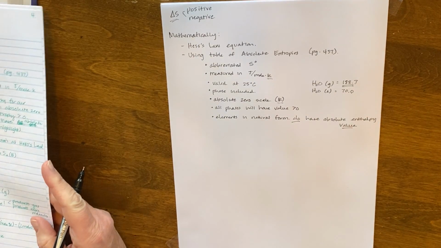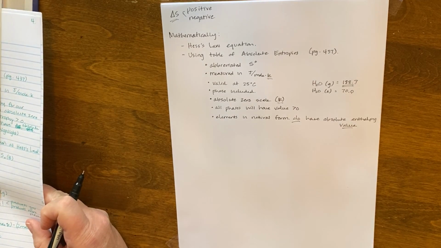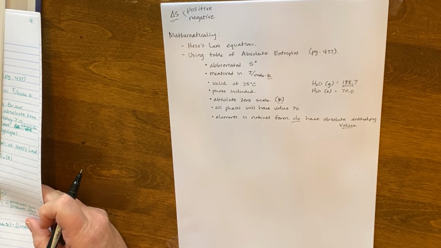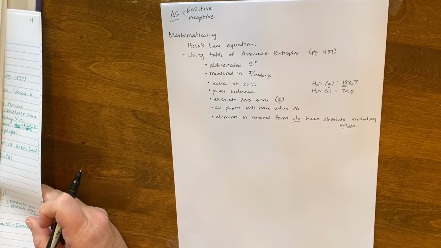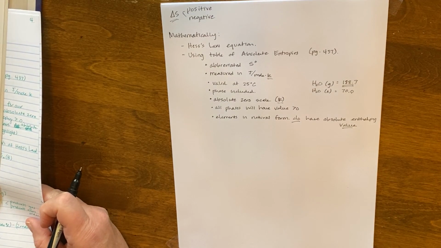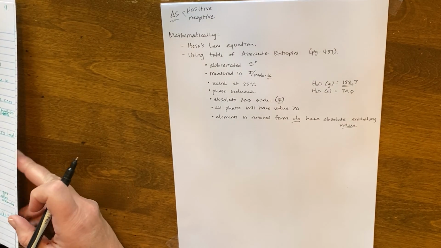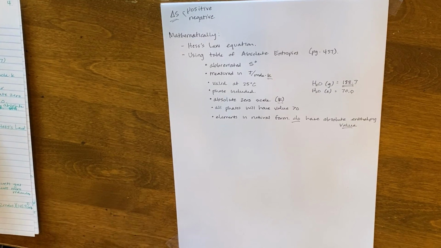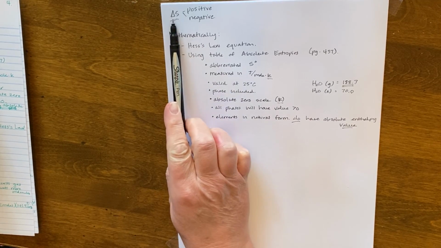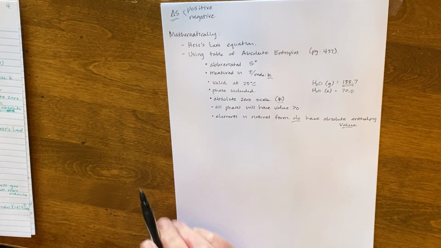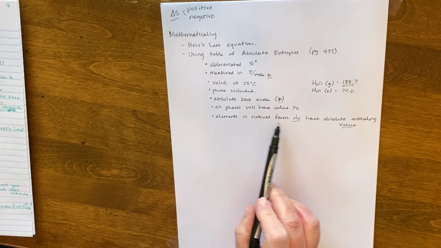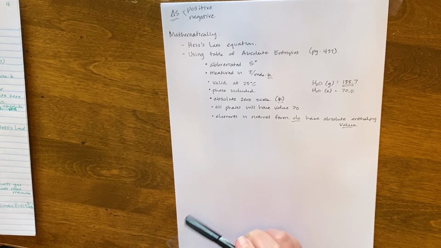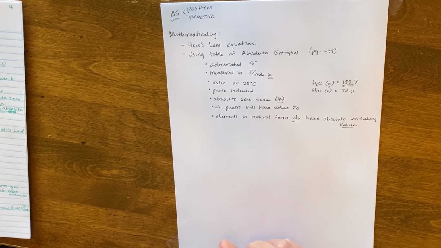If you remember back to our table on page 424, our standard enthalpies of formation, any element in its natural phase, the standard enthalpy of formation was 0. That is not the case when we're talking about entropy. So even elements in their natural form have an absolute entropy value.